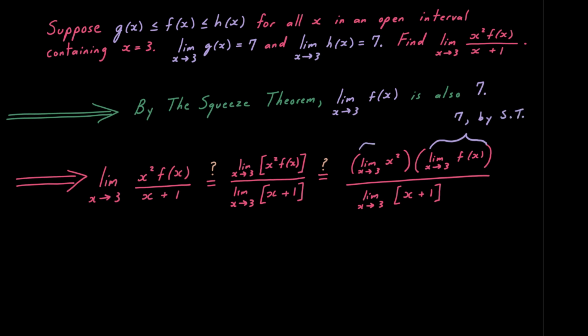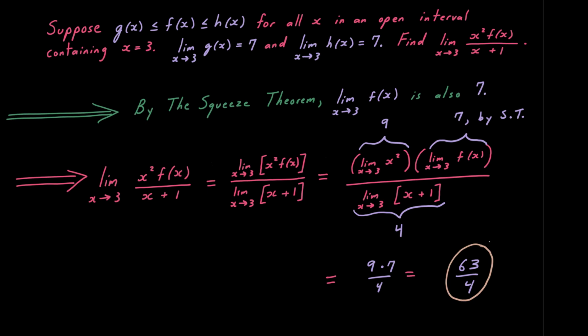In fact, they do. We just found out that the f limit equals 7. And of course, x squared and x plus 1 have limits of 9 and 4, respectively. So I can remove the question marks and just say 9 times 7 divided by 4, which comes out to be 63 over 4. So the Squeeze theorem was the key player there. Even though it wasn't the main player, we also had to incorporate limit laws. Let's build on that same idea.